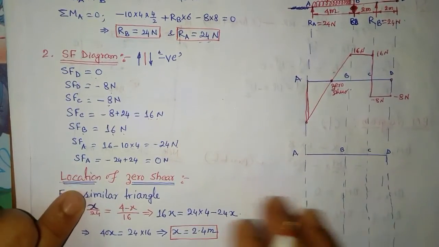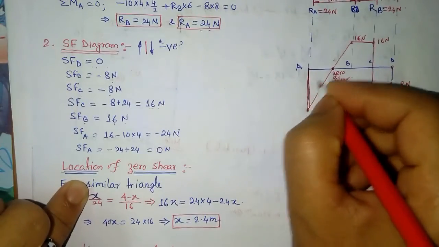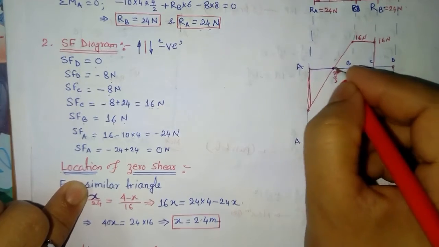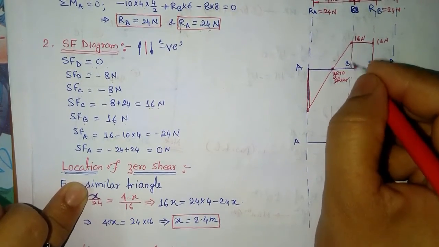For finding this 0 shear we can make this triangle and this triangle, and these two we can take as similar triangles.